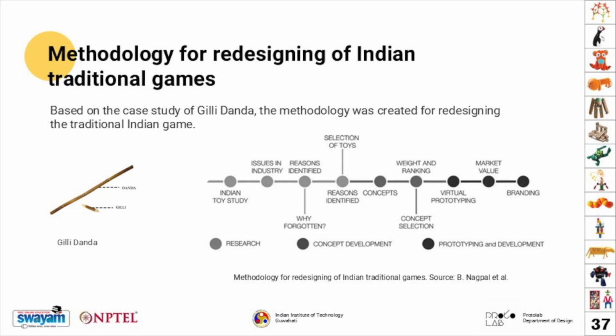For the weighted ranking method, the parameters are ease of use, that is ergonomics and understanding, storing, maintenance, and manufacturing process. It is done keeping in mind the toys should not only be appealing but also good for business to be able to bring into the mainstream.